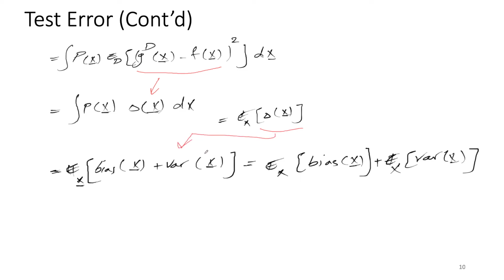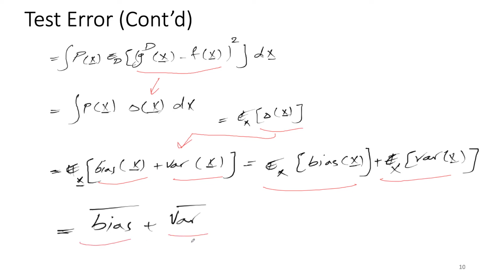We knew that delta x would be bias plus variance. So the expected value over x of delta x becomes the expected value of bias and variance. You make it disjoint, and then it would become bias bar and variance bar in your test examples. So this is another generalization for computing your test error using these two metrics. We're going to compute the bias bar, which is all of our biases, and we add it to the variance bar, all the variances.